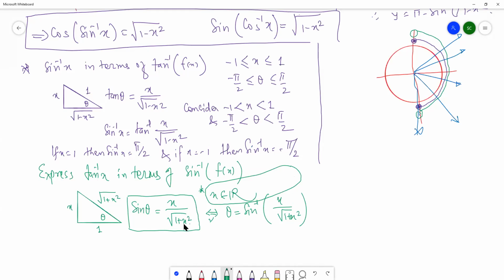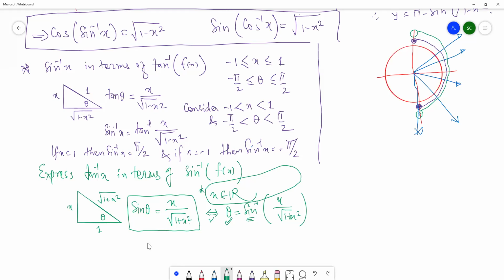So if x is a real number, we don't mind. This quantity is always going to be between -1 and 1 if x is a real number. So fine, no problem. As far as theta is concerned, theta will be between -pi/2 and pi/2, excluding -pi/2 and +pi/2. Therefore, it is in the desired range of sine inverse also.